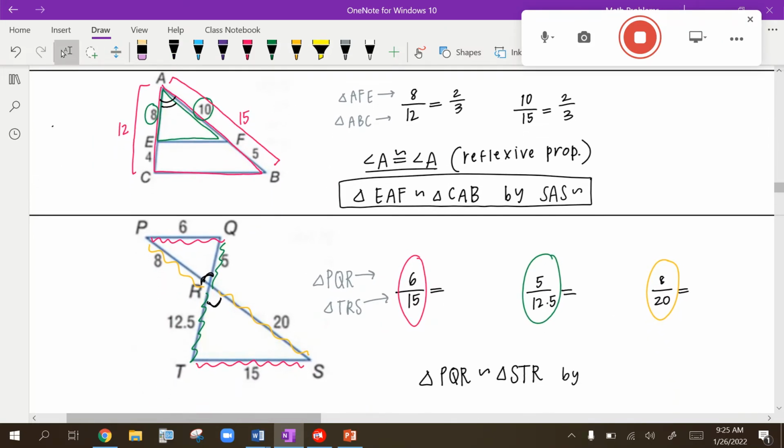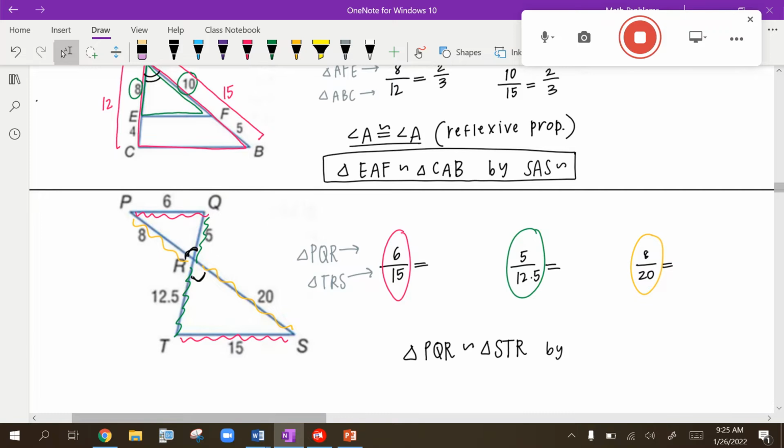Alright, this next one, they actually gave me three sides. I went ahead and matched up the smallest side on one triangle with the smallest side on the other triangle, and the largest sides I matched up, and I put them all into fractions. Now, in order to see if they're all the same proportion, I'll have to reduce each one. So let's say 6 over 15, you could do it on your calculator.